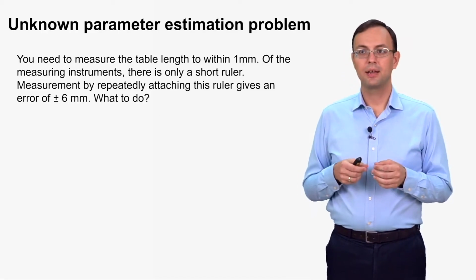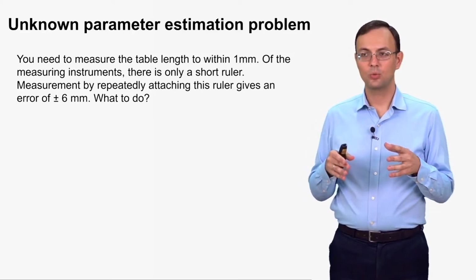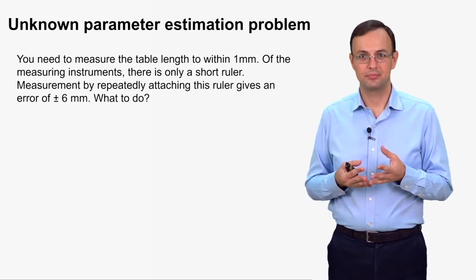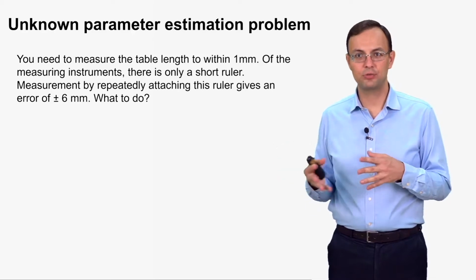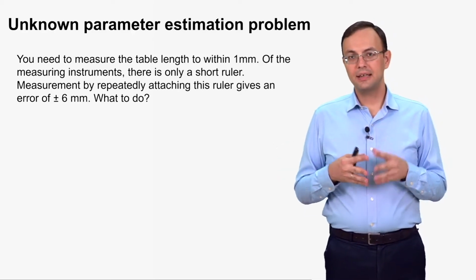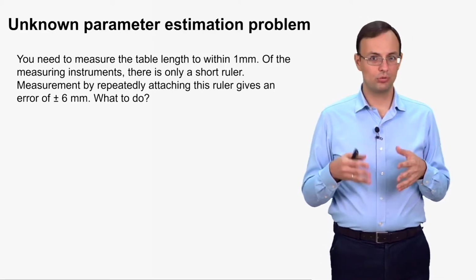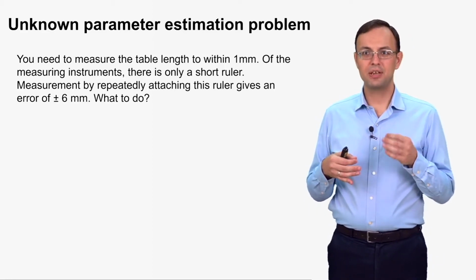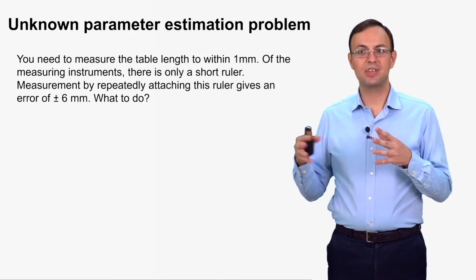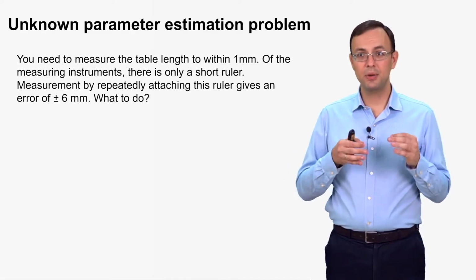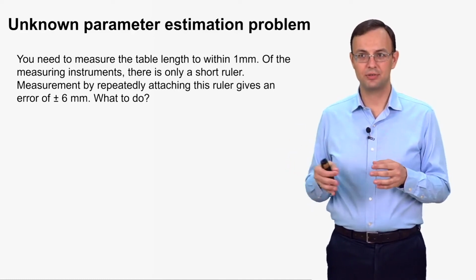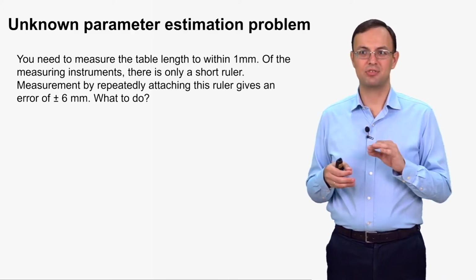So what is actually the problem? An unknown parameter estimation problem. Let me explain with the example I have already told you. You need to measure the length of a table to within 1 millimeter, so with high accuracy.